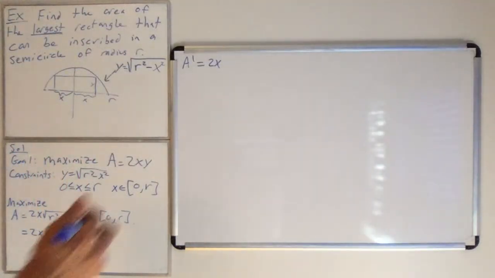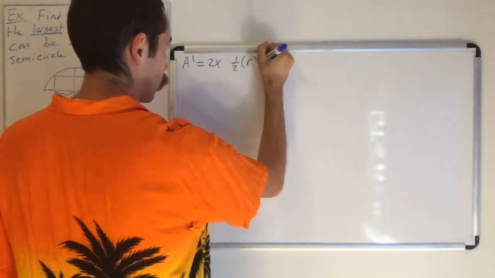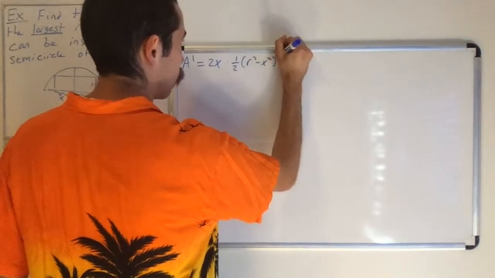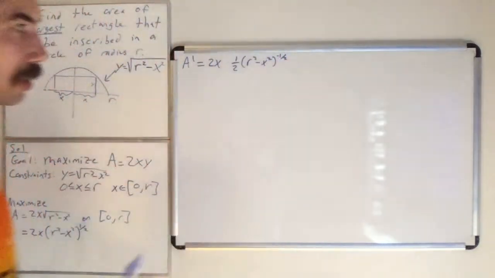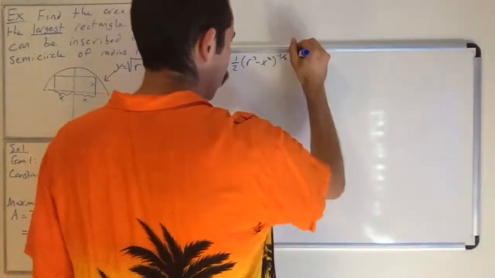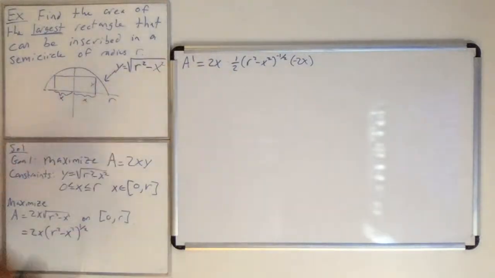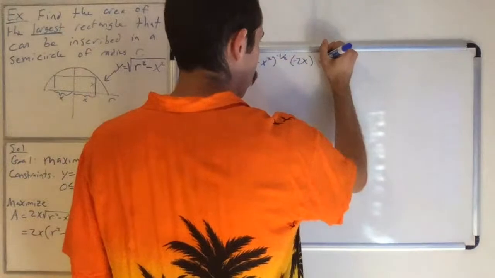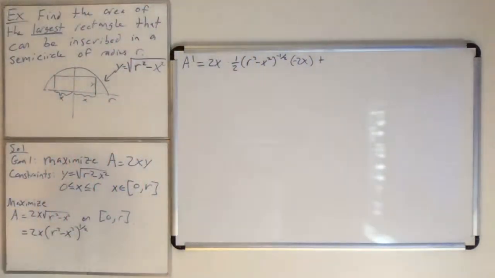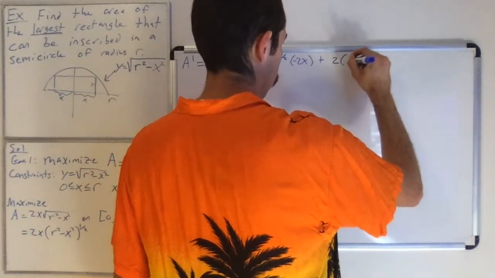Bring the 1/2 in front, drop 1 from the exponent, and then multiply by the derivative of the inside. So that's the first times the derivative of the second, plus the derivative of the first, which is 2, times the second.